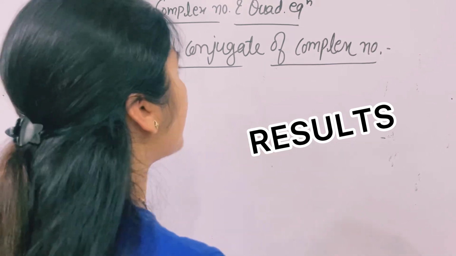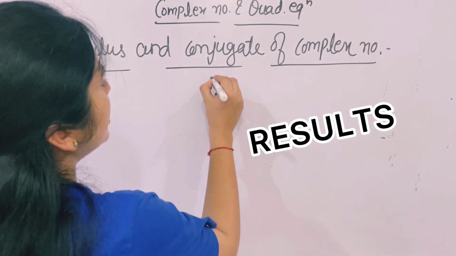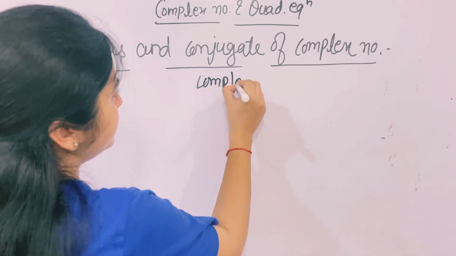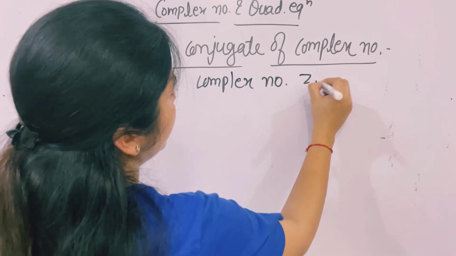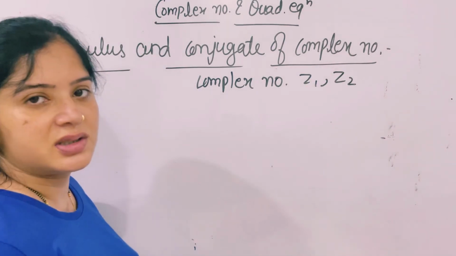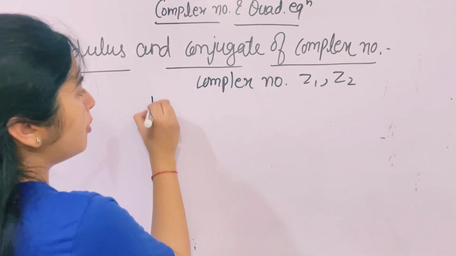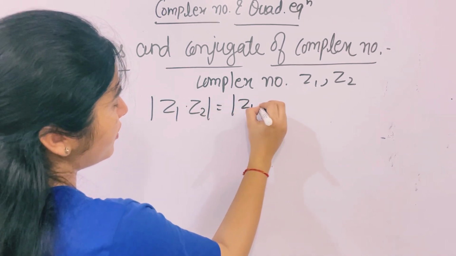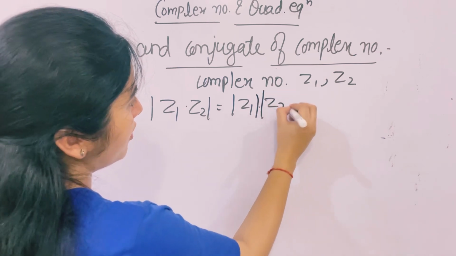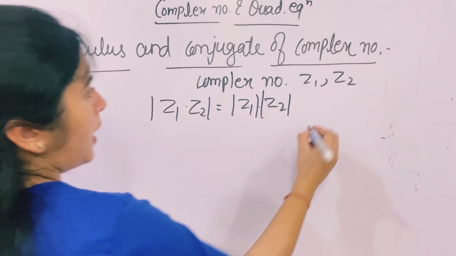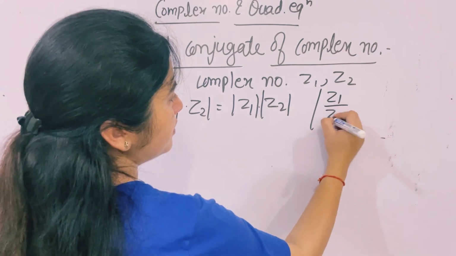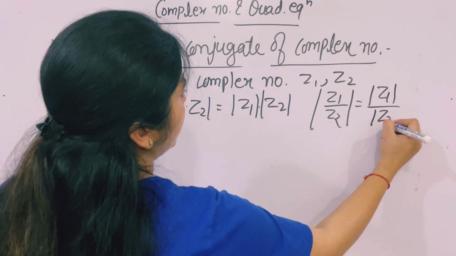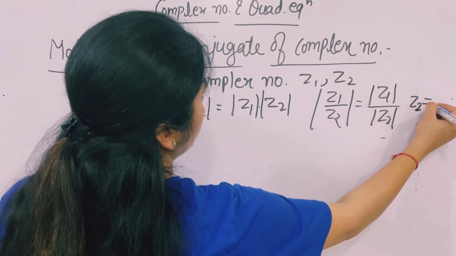Further, more results can be derived for the complex numbers, as we have two complex numbers z1 and z2. Modulus of z1 multiplied by z2 is equal to modulus of z1 multiplied by modulus of z2. Similarly, modulus of z1 upon z2 is modulus z1 upon modulus z2, but the condition is z2 should not be equal to 0.